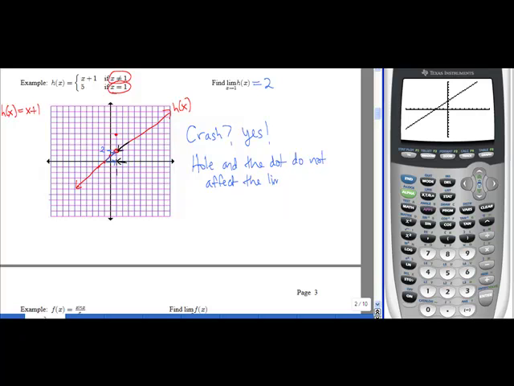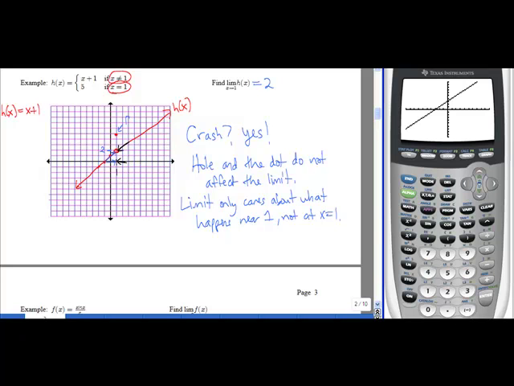The reason why is because the limit only cares about what happens near 1, not what happens at x equals 1. So it doesn't matter that there was this separate dot, which is the value.